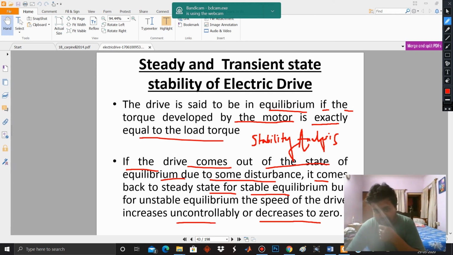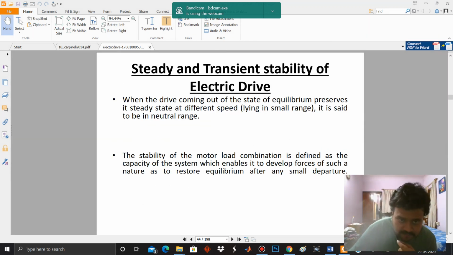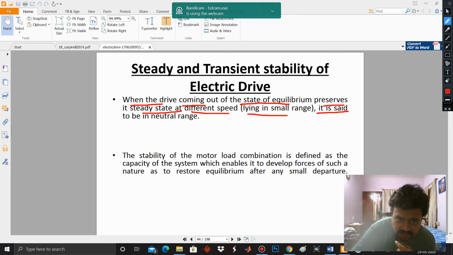The stability analysis has to be performed. When the drive comes out of the state of equilibrium, it preserves its steady state at different speeds lying in a small range. It is said to be in neutral range.